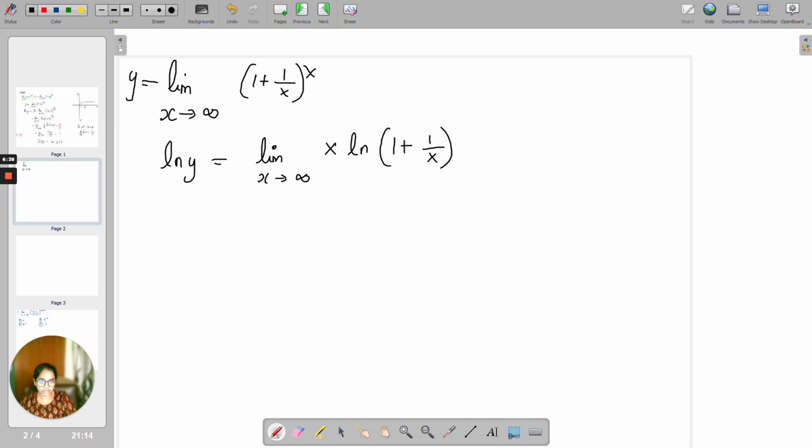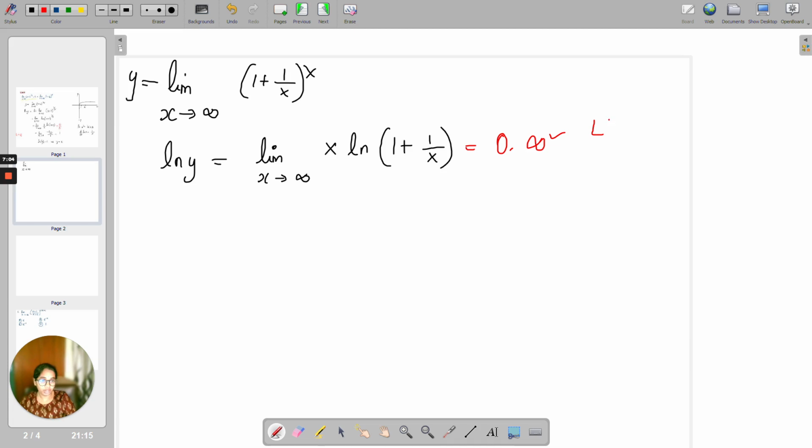Now what if I apply the limit? ln 1 is 0, agree? x is infinity. So isn't this a type of indeterminate form? 0 into infinity, can you recall? Yes, so this is an indeterminate form.